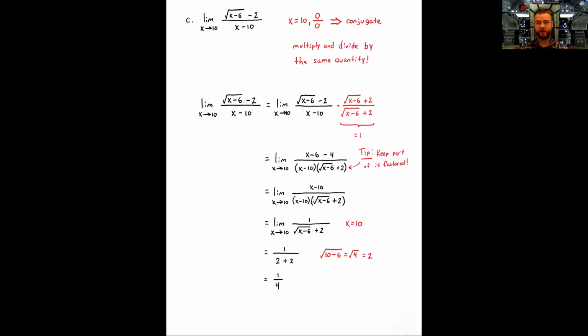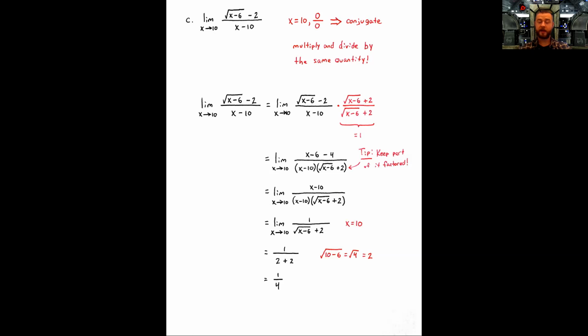We'll take our function, the square root of x minus 6 minus 2 divided by x minus 10, and we're going to multiply and divide by the conjugate of that numerator, square root of x minus 6, but plus 2. Notice at the end there, we're multiplying and dividing by the same quantity, which is multiplying by 1, which we can do.